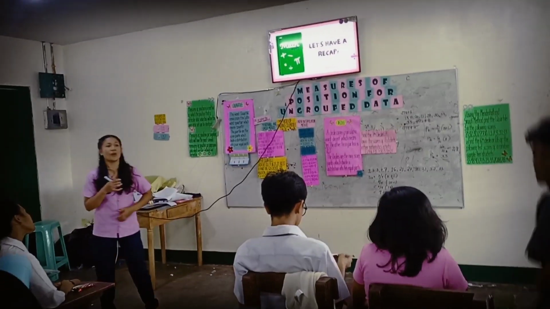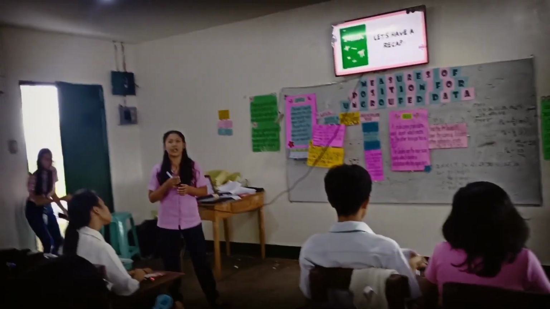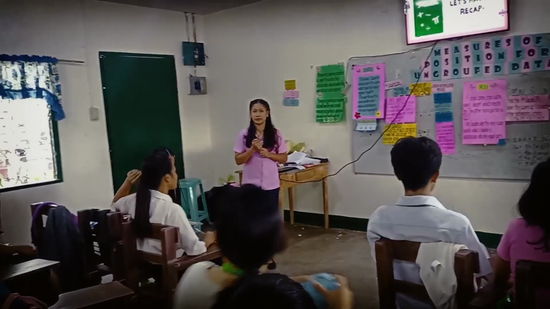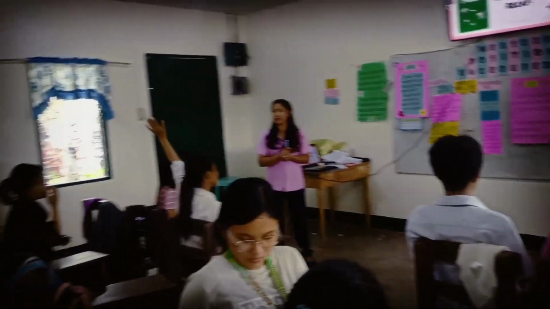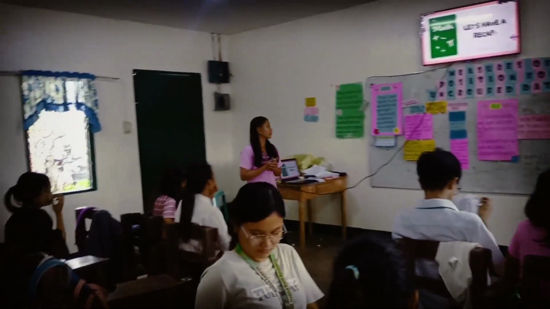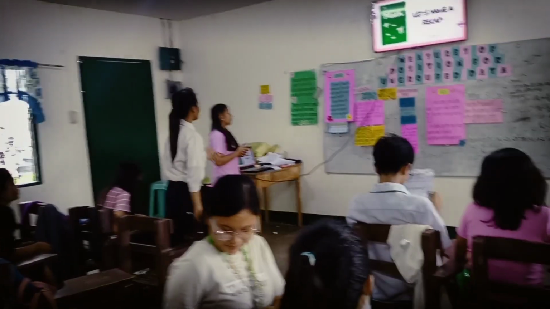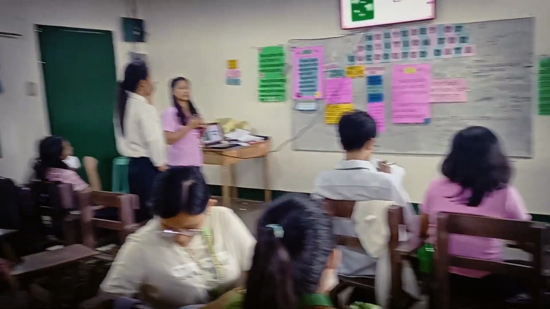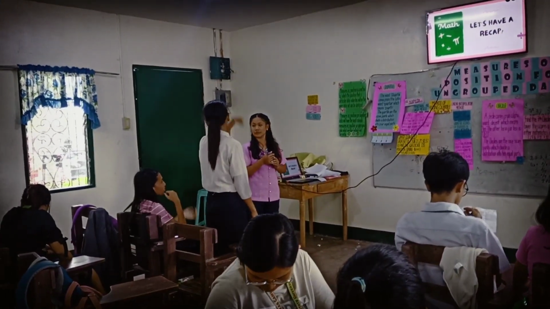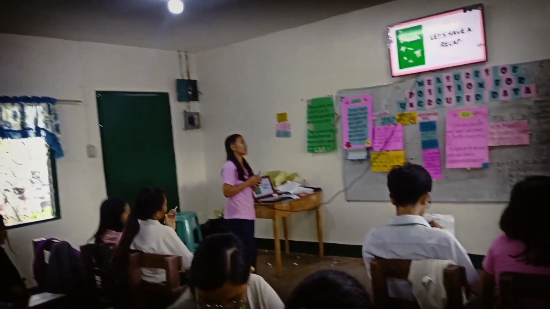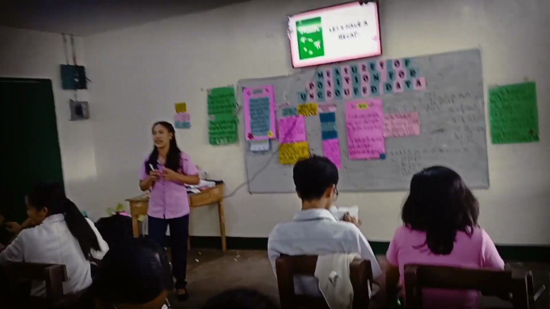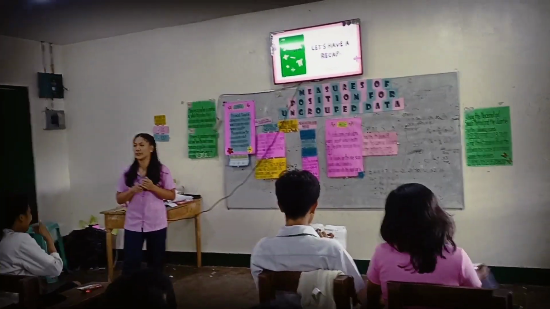How about our general formula for the quartile, class? Anyone? Yes, Miss Casco? It's 1/4 times n plus 1. Exactly, Miss Casco. Thank you. How about when we talk about decile, class, and the general formula of it?